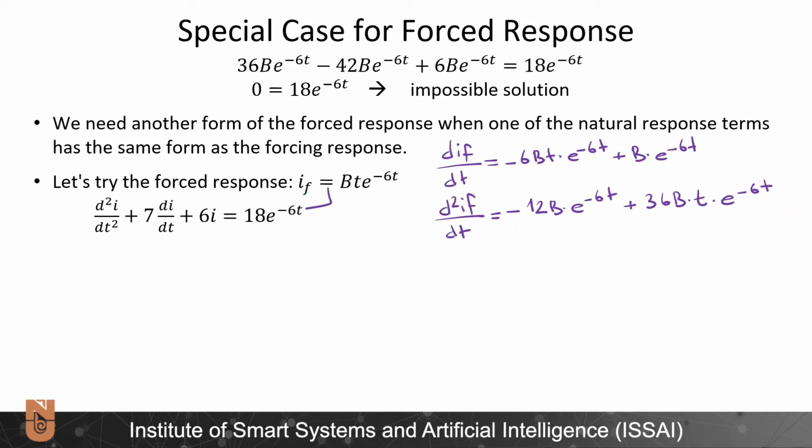All right, let's plug in this, and this into this equation. And for the sake of simplicity, I will write everything in the parentheses of e to the minus 6t.